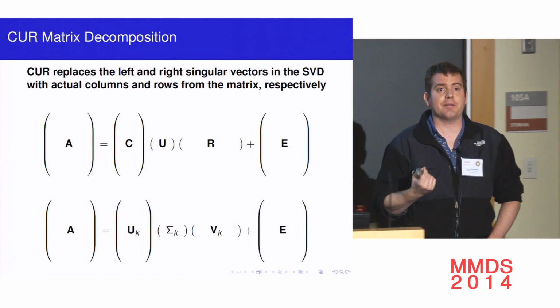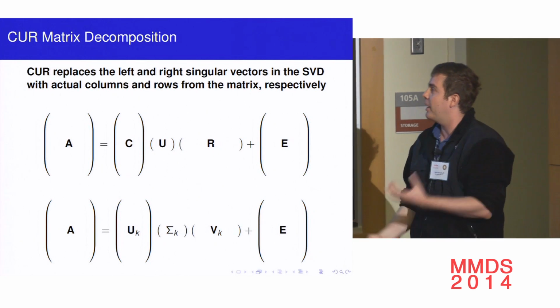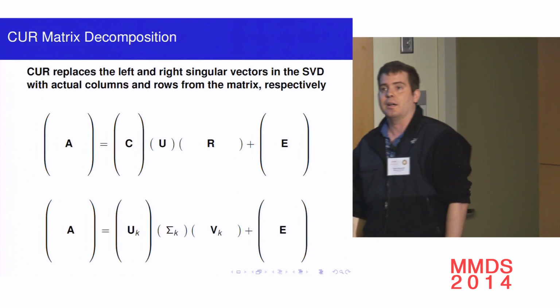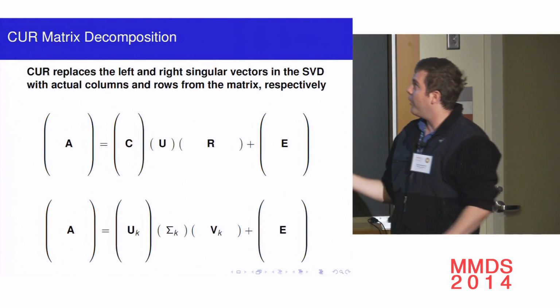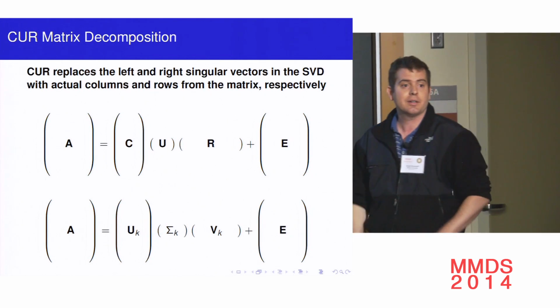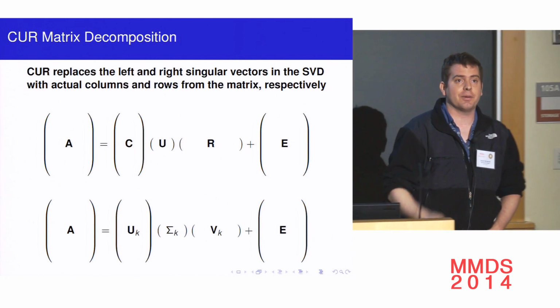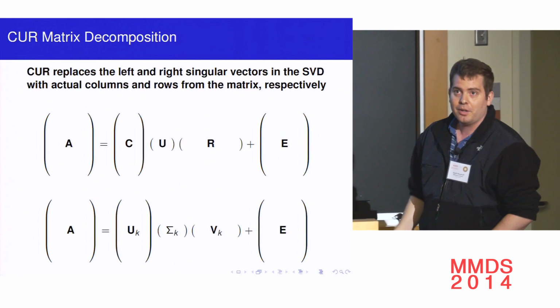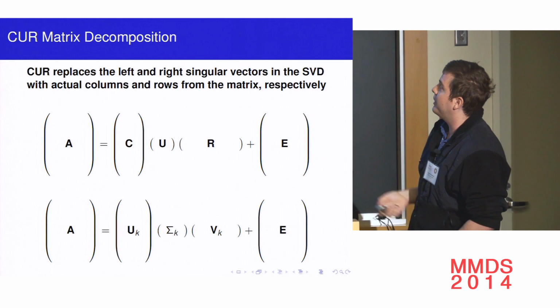C is just a subset of columns of A. So unlike the SVD, it's not the top k left singular vectors. It's an actual subset of columns of A. R is an actual subset of rows of A. And U is some arbitrary small matrix which hopefully has small rank and hopefully makes this error term E small.